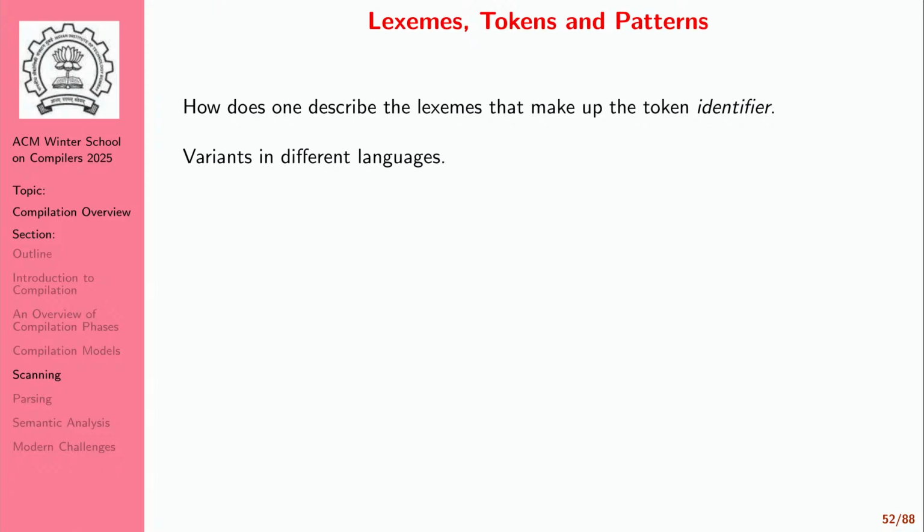So how does one describe the lexemes that make up an identifier? This varies. For example, I can say an identifier is a string of alphanumeric characters, but the first character must be an alphabet. The first character cannot be a number. If I have the first character, then I can have anything that follows. Now I can write a regular expression.